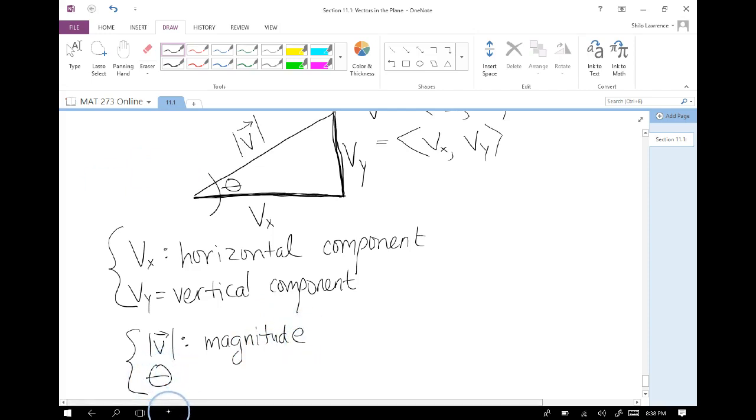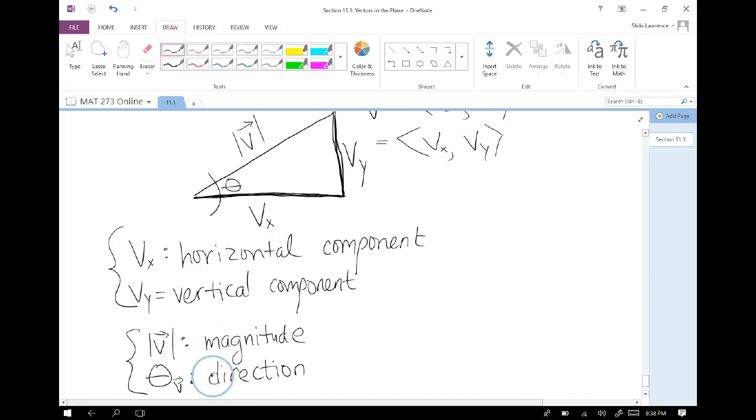And if you're working on a problem that contains multiple vectors, sometimes that theta will have a little subscript letting you know that it's the direction for vector v. If we were working with a problem that also had a vector w, then the direction for w would be theta sub w. So these are two very important ways that we represent vectors.